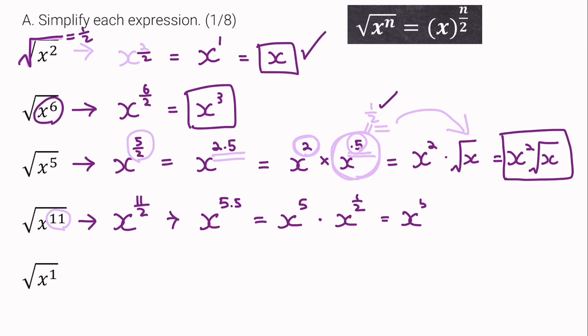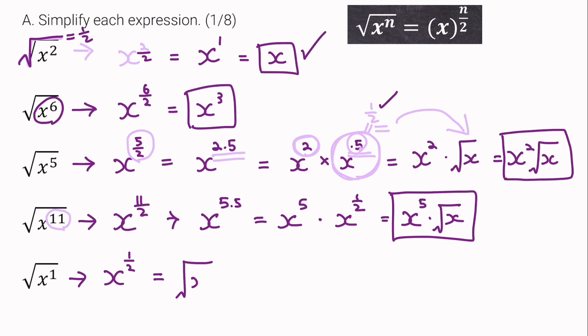X raised to the power of 5 times the square root of x, and that'll be our final answer. Now, finally, we have x raised to the power of 1 over 2 as our problem, and that is simply equal to the square root of x.